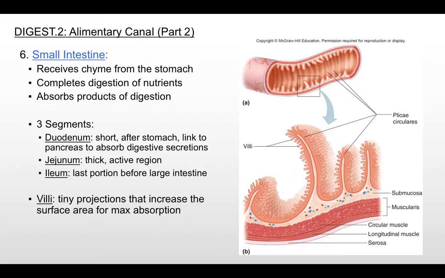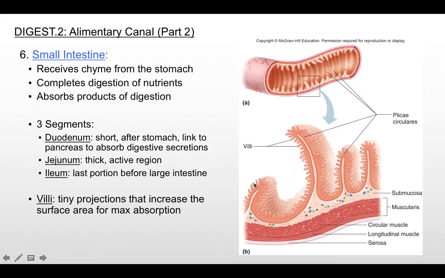Your small intestine is anatomically designed for absorption. It has like tentacles on tentacles. It has these really tiny projections that serve to not only move food through more effectively, but to increase surface area.